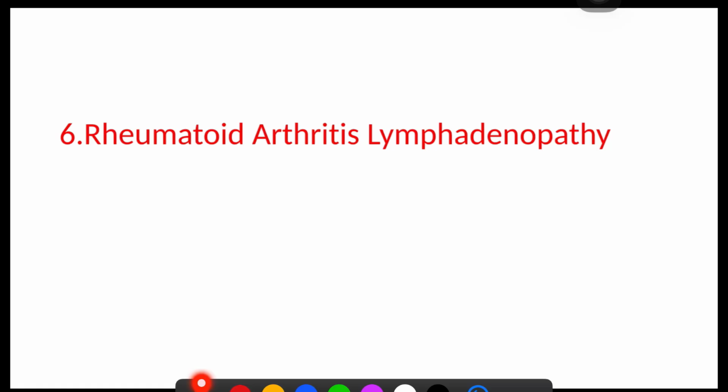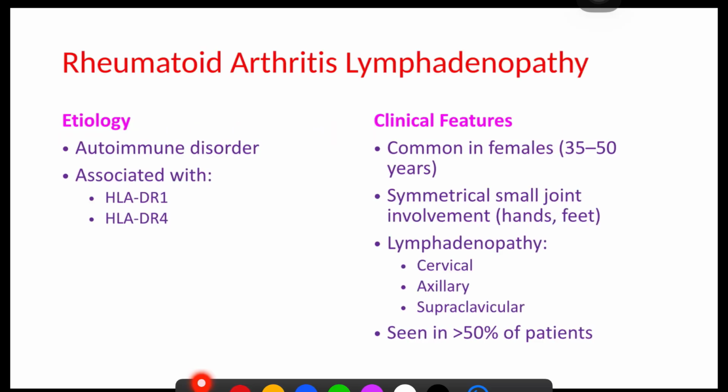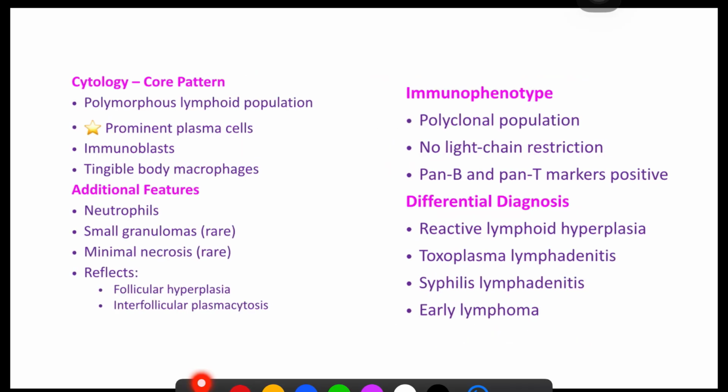Now rheumatoid arthritis, an autoimmune disorder associated with HLA DR1 and DR4, clinically commonly seen in females aged 35 to 50 years, with symmetrical small joint involvement of hands and feet, painful swelling, and lymphadenopathy, mostly cervical, then axillary and supraclavicular, seen in more than 50% of patients.